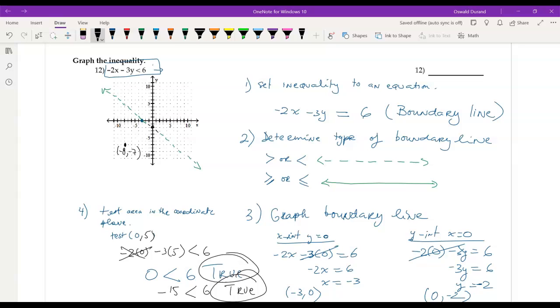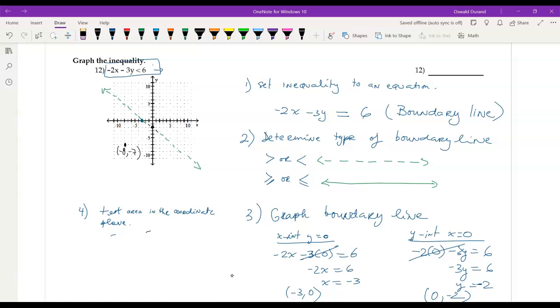So I just use any point. And my goal is to determine whether this point is going to satisfy this inequality, right? So the -8 represents X, the -7 represents Y. I'm going to plug them in, right?